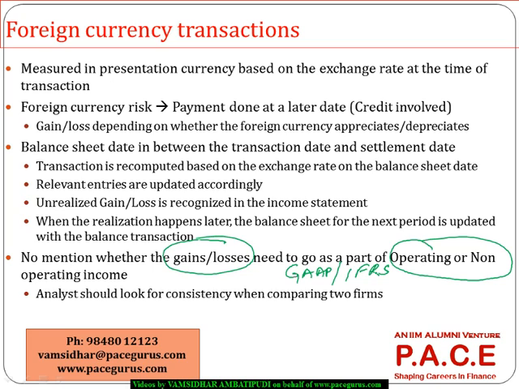So the only thing that is suggested for an analyst is, make sure when you are comparing two firms and one of them has handled it as a part of operating income and the other has handled the same as a part of non-operating income, convert from one to the other, or move this transaction from either operating to non-operating for both the companies and then do the comparisons. Otherwise, whatever ratios you are doing get more biased, and the choice of investment differs considerably. So that is what I am trying to project for foreign currency transactions.